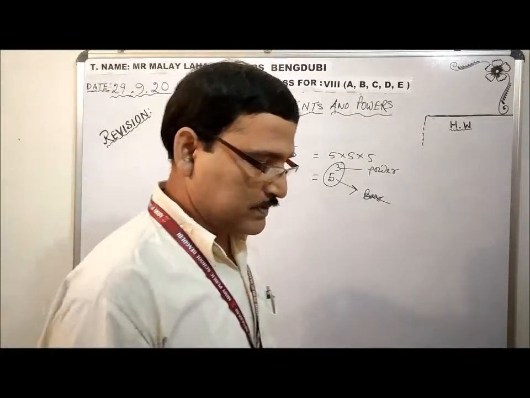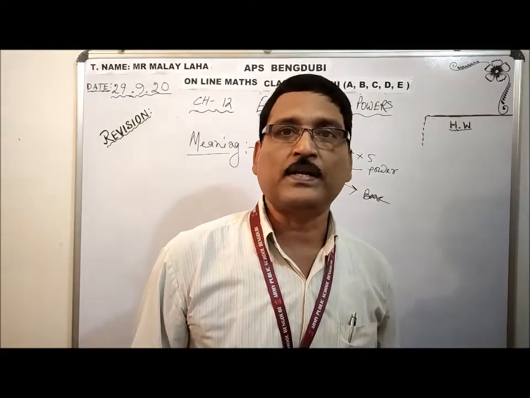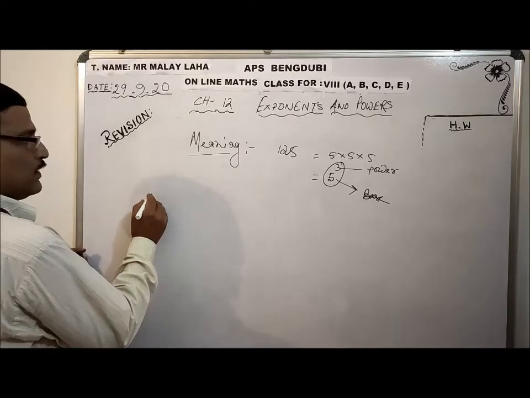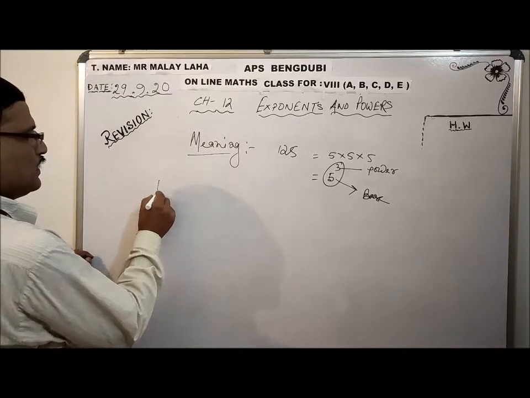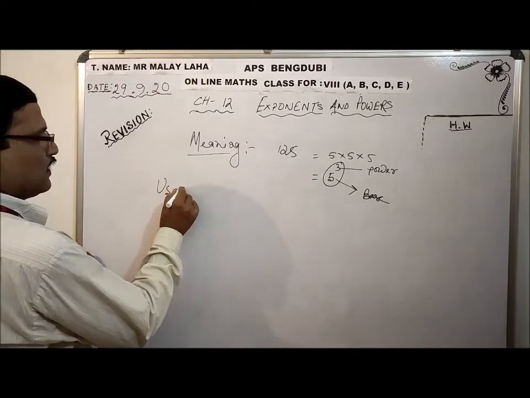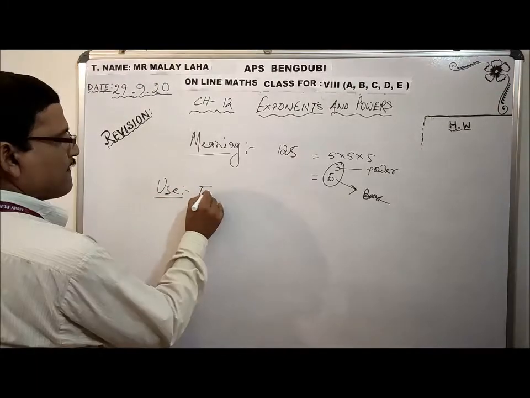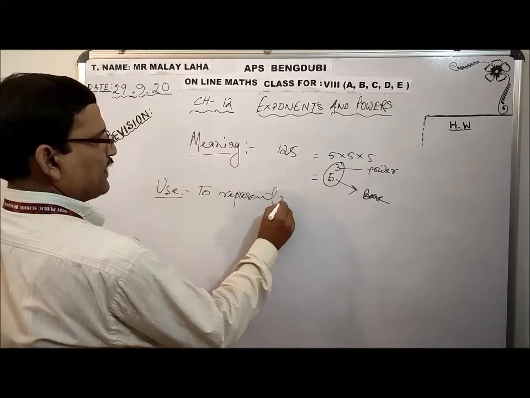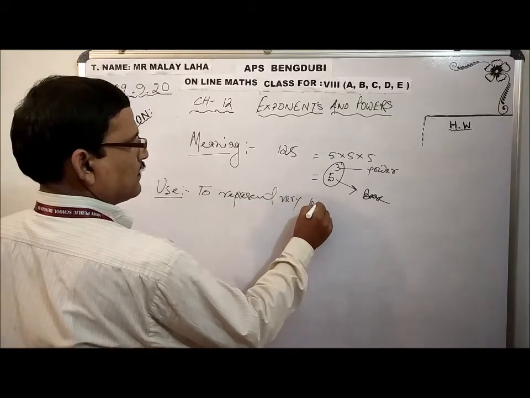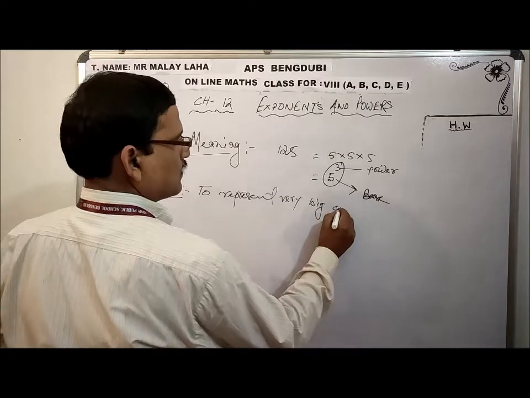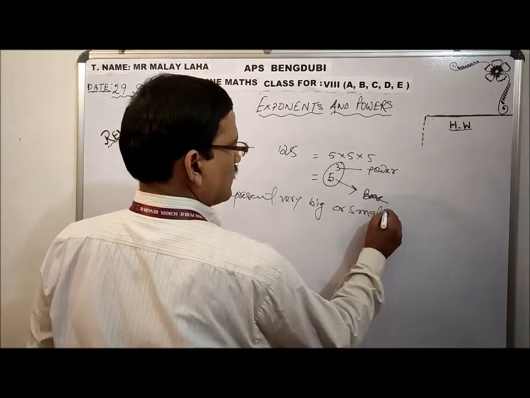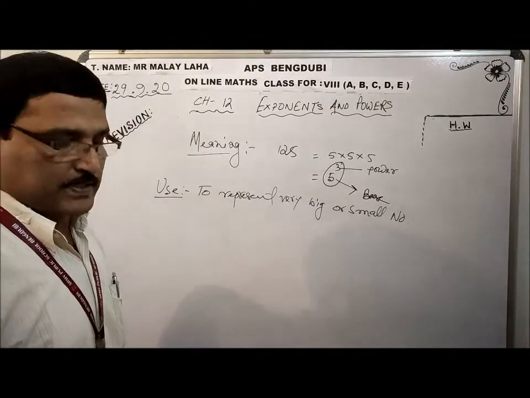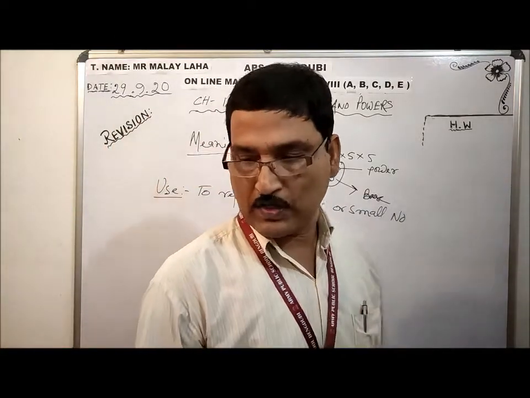Now in this area, I can give you some number and you show the number in an exponential form. How to show exponential form? Where do you use it? It is used to represent a very big number or a very small number.